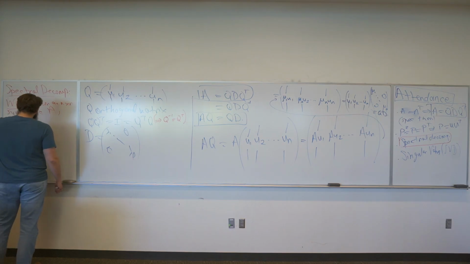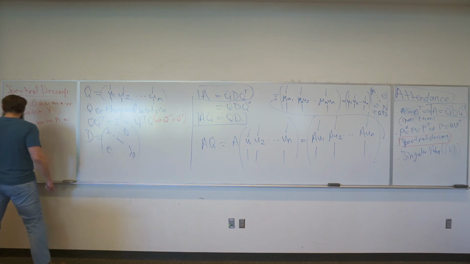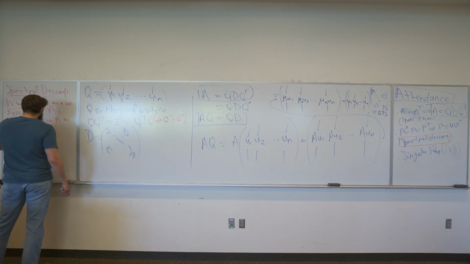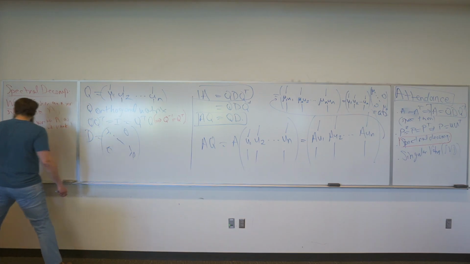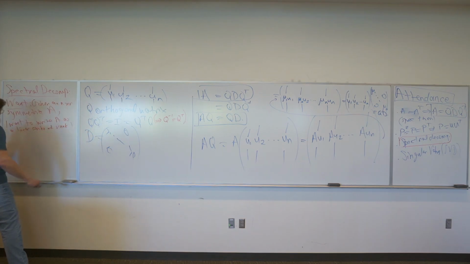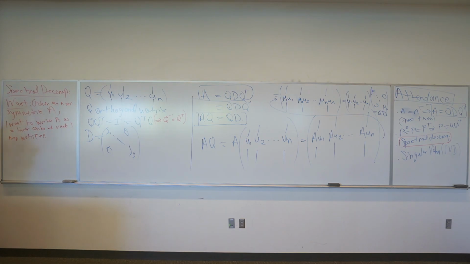I want to write A as a linear combination of rank 1 n by n matrices. That's what I want for spectral decomposition.